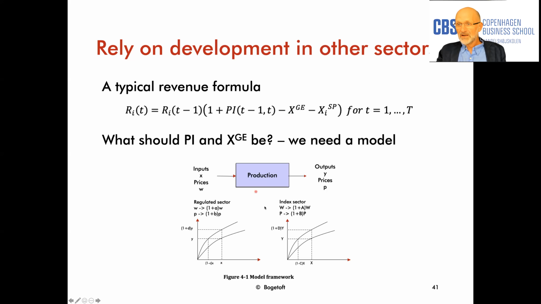And so over here I have kind of the same numbers, I'm just using capital letters, but this is another industry. And this is the kind of industry that Statistics Denmark or some other national statistics authority is collecting data from. And I'm going to see if I can use some of that information to guide how I set these X's and the PIs. Okay, so it's the same story.